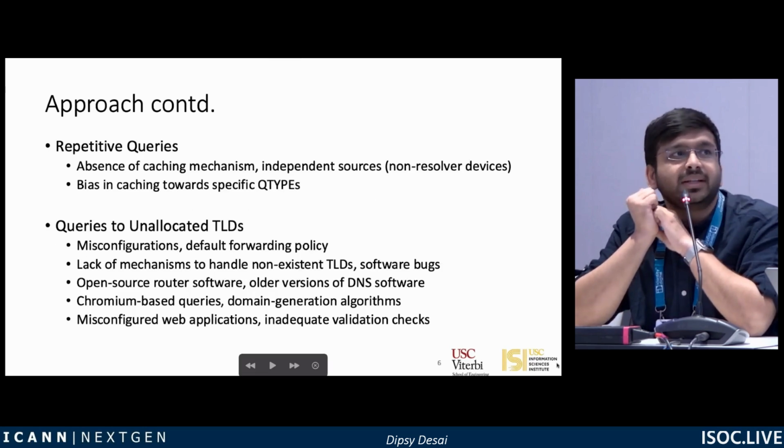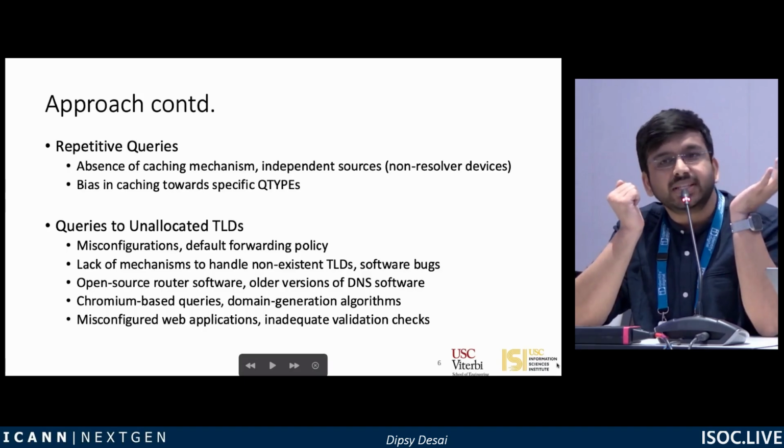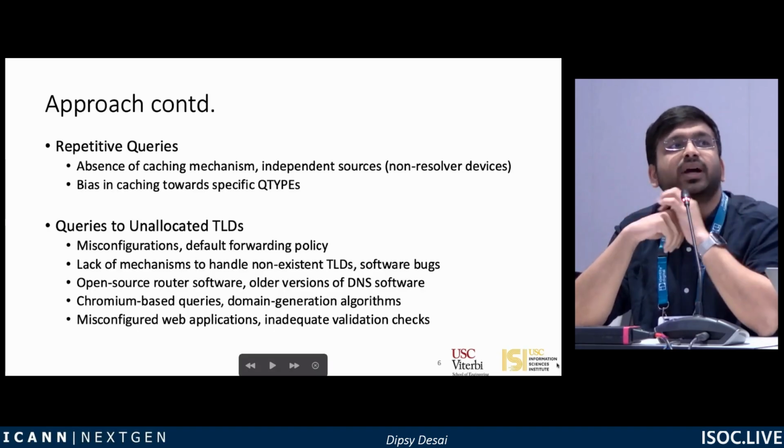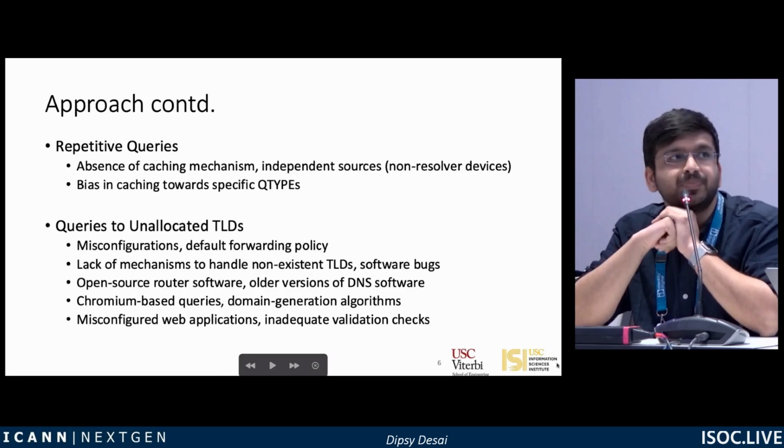Using those 4 parameters, we look at queries and classify them. These are the unwanted queries that we see. Repetitive queries are queries to existing TLDs, which occur within a prescribed TTL, time to live, window set by the operators of TLDs. We find that absence of caching mechanisms at the resolvers can be one potential reason for repetitive queries arriving at the root servers.